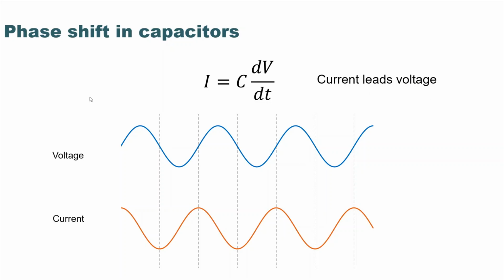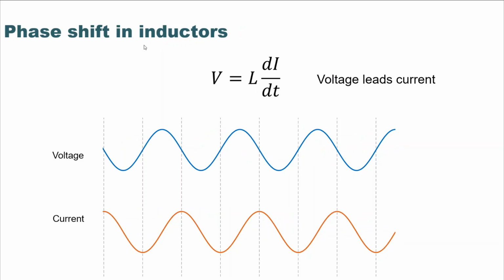And for inductors, because in the equation we actually swap the places of voltage and current, the phase shift is also flipped. We see the peak of the current here is coming after the peak of the voltage. So for inductors, the voltage is leading the current.